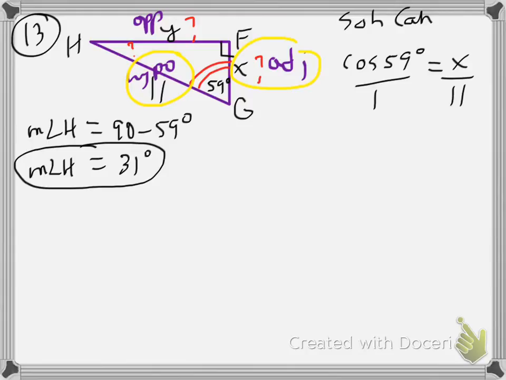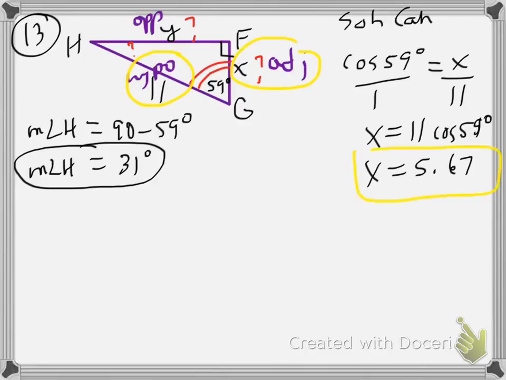When I cross multiply, I get x equals 11 cosine 59 degrees. When I type that in the calculator, that is 5.67.